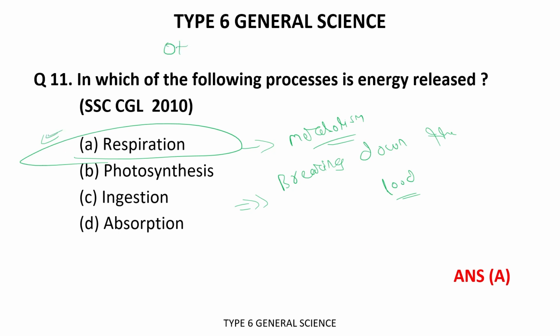In respiration, oxygen is basically used for the breaking down of food, and a huge amount of energy is released. So by analyzing the facts, we find that answer A is the correct answer to the 11th question. Alright.